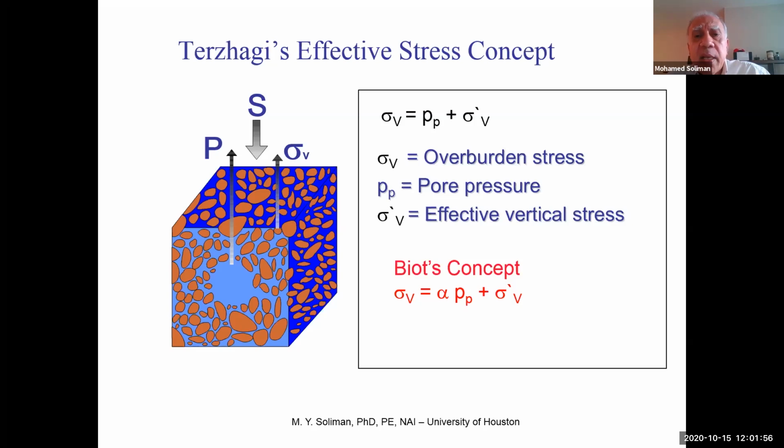What is affecting the propagation, sanding or collapse of the rock is the effective stress, not the total stress. Effective, because the stress is being carried by both the grains and by pore pressure.